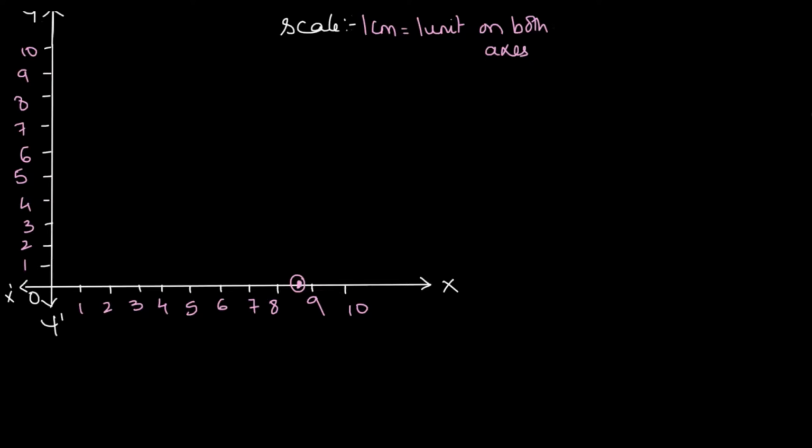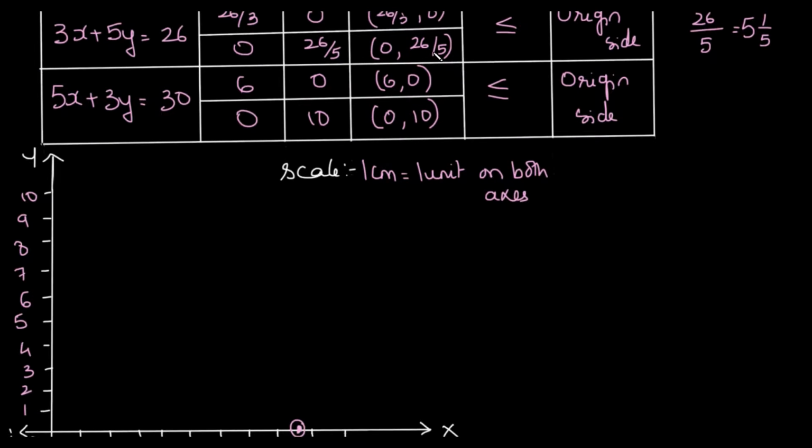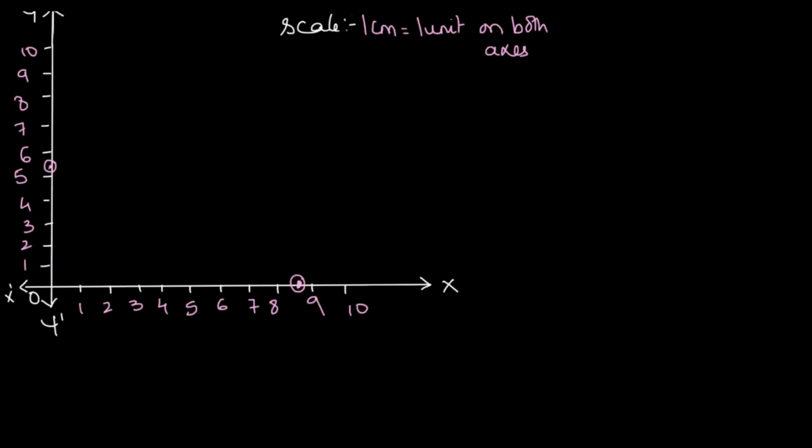The other point which you have to plot on the y-axis is 0 and 26 upon 5. As you can see, 26 upon 5 comes between 5 and 6. We convert it to 5 and 1 upon 5. So between 5 and 6 it is coming somewhere over here. So we plot that point over here, and thus let us draw the line now.